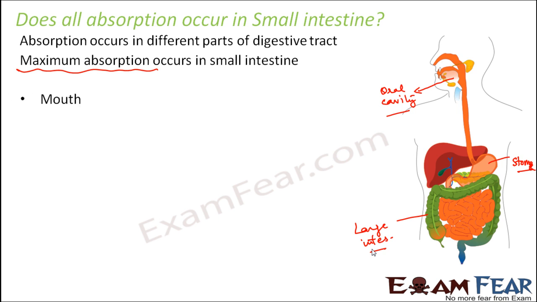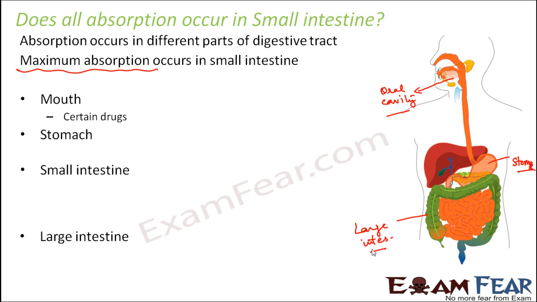If you talk about mouth or the oral cavity, as I said, these are all the places where some absorption takes place. In the mouth, certain drugs which might be present in the food can be absorbed. Stomach, water and simple sugar. Water is something that might get absorbed in other sites as well. Otherwise, a little bit of simple sugars.